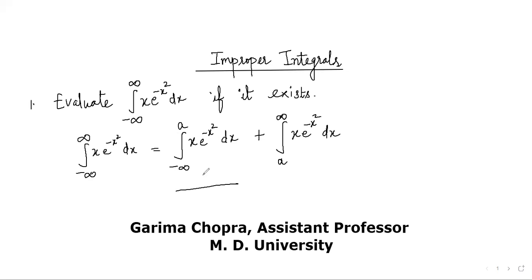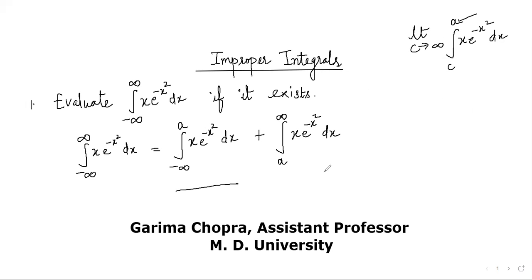So for this first improper integral, we will be considering an integral of this type, c to a. This a will be the same, but instead of minus infinity, we will be considering c, and after evaluating this integral, we will be considering the limit c tending to infinity. This is for the first one.